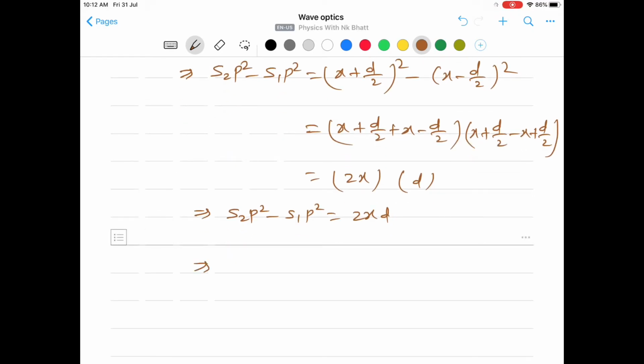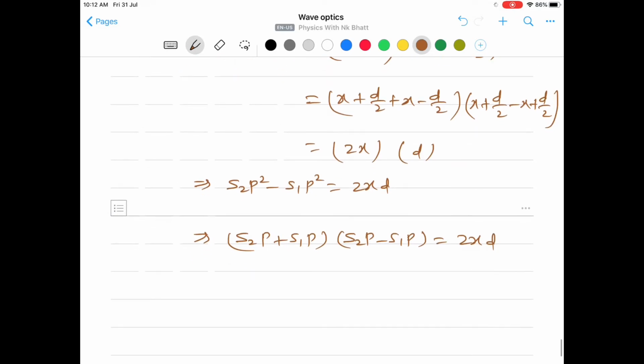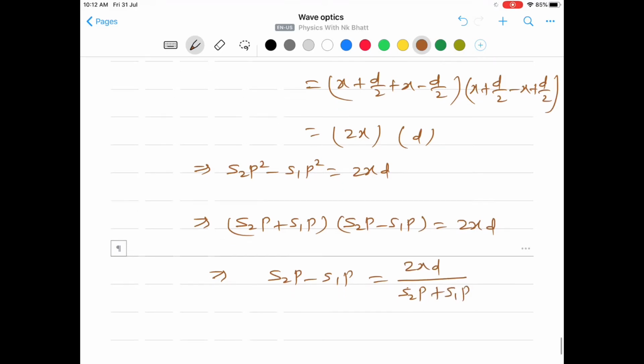If we deal with the left hand side also, we'll have (S2P plus S1P) into (S2P minus S1P) is equal to 2xd. So S2P minus S1P is equal to 2xd upon (S2P plus S1P).